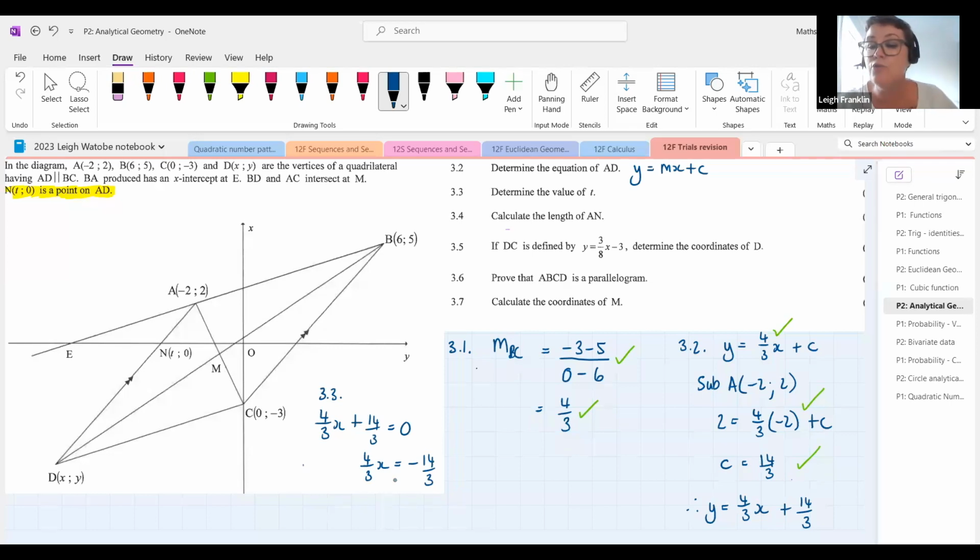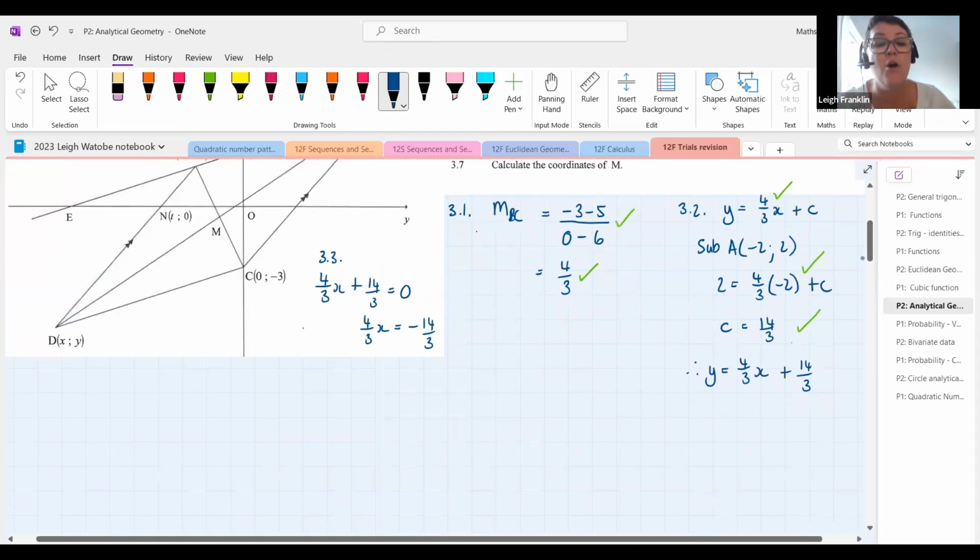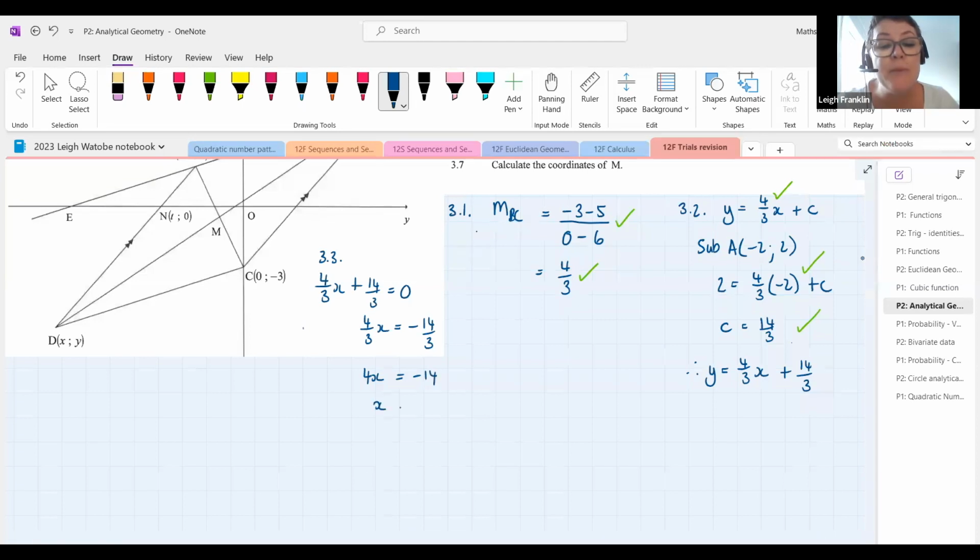I can drop my denominator because I have the same denominator on both sides. If 4x is equal to negative 14, then x would be negative 14 over 4. I must remember to simplify. So that would give me negative 7 over 2.